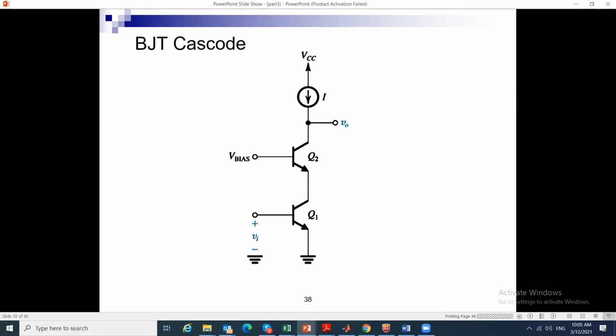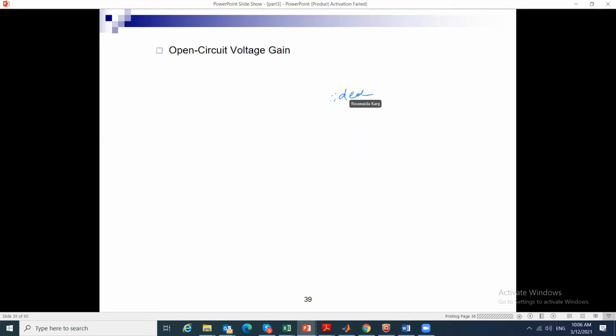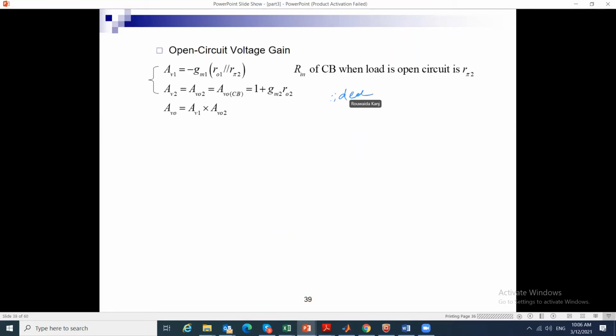The derivation says that if you see this structure with an ideal current source, then the gain is two gains. So this is the open circuit voltage gain, because it does not have stage 2, it does not have R load.